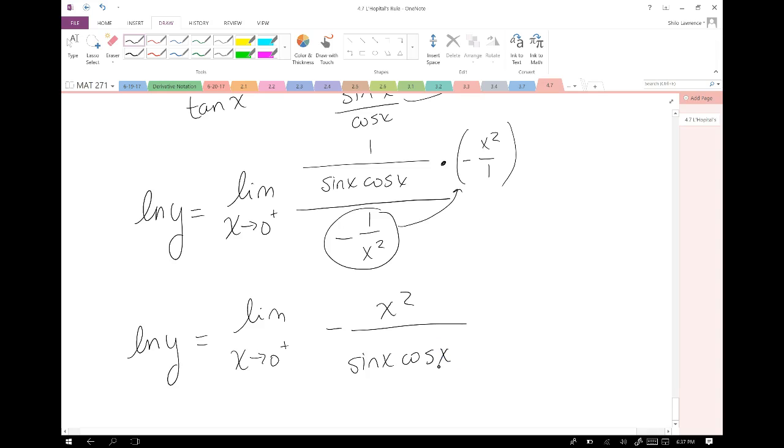So we took the derivative of the top and the bottom, and then we simplified it as much as we could. Now if we plug in 0, we get 0 over 0, because in the top, 0 squared is 0. In the bottom, sine of 0 is 0. So this guy is still indeterminate. And that's okay.